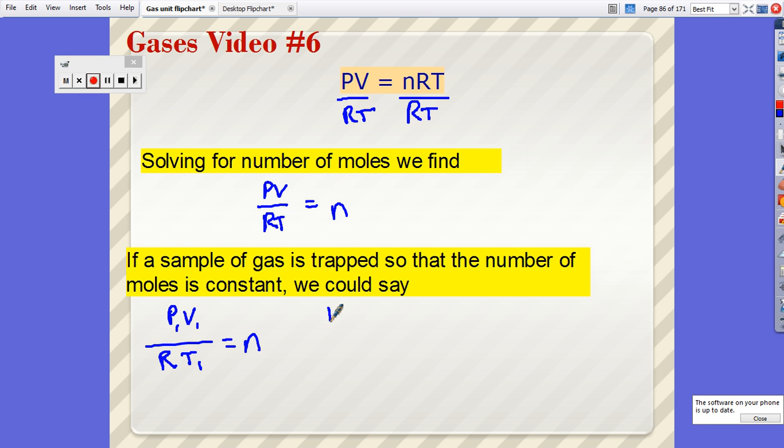But then we change the conditions, the pressure, the volume, and the temperature, which we're going to call P2, V2, and T2. Those are the new conditions, and they're also equal to n. As long as n and n are the same, then this is going to equal this.